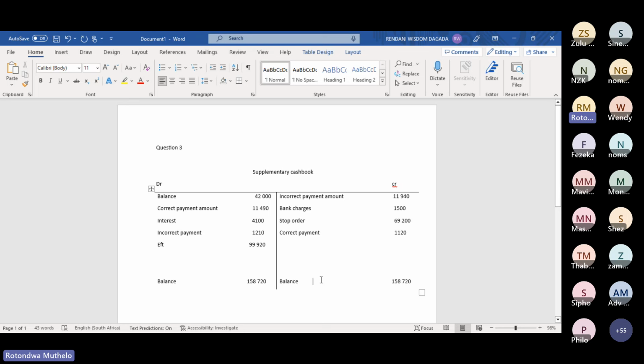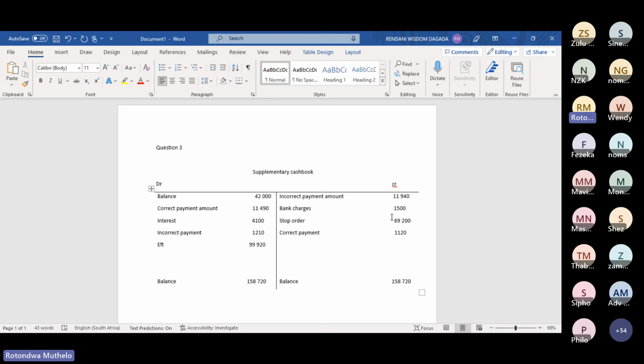Now, we know that the amounts here on the credit side do not equal 158,720. Let's add them together to see how much they are. It's 11,940 plus 1,500 plus 69,200 plus 1,120.